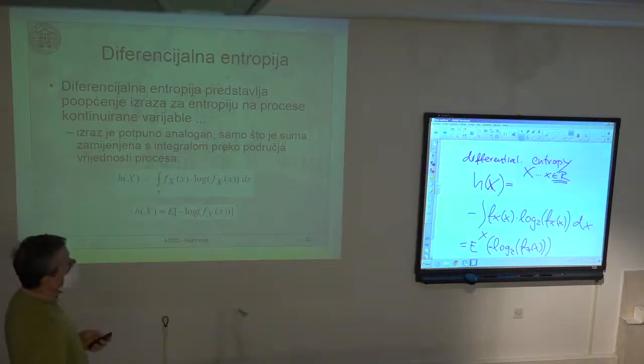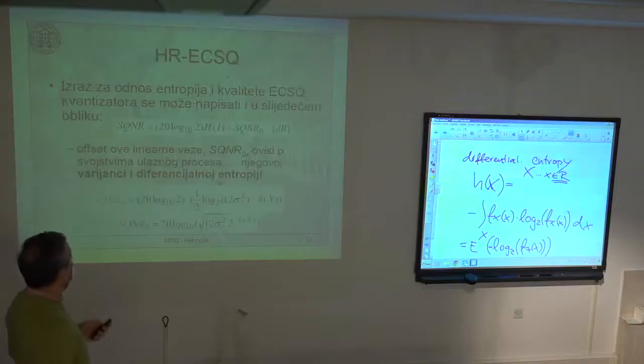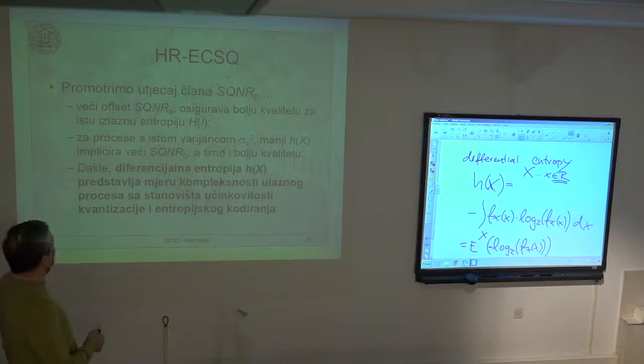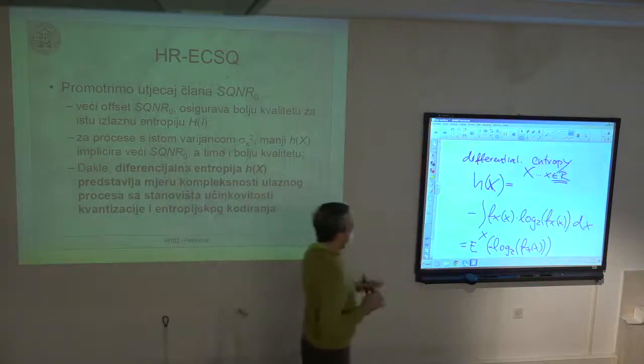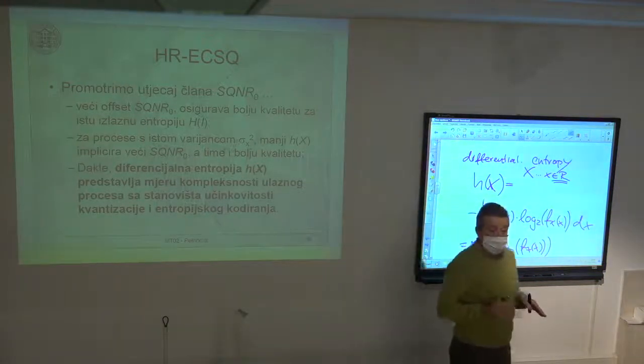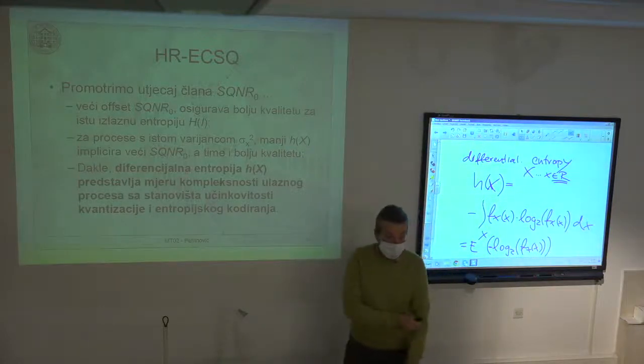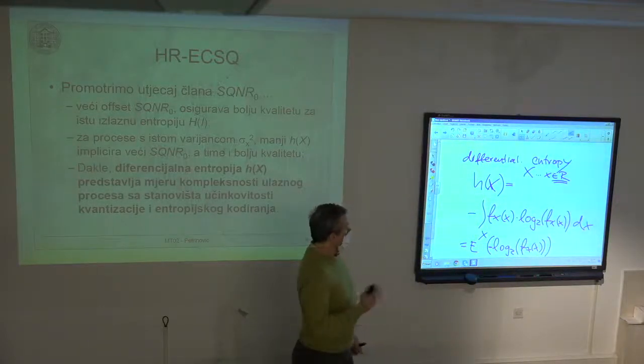What does this differential entropy tell us about the process? It is the measure of the complexity of the process in regard to the efficiency of quantization and entropy coding. So this h of x defines how complicated the process is regarding the possibility of entropy constrained quantization. A more complicated process would have higher differential entropy.